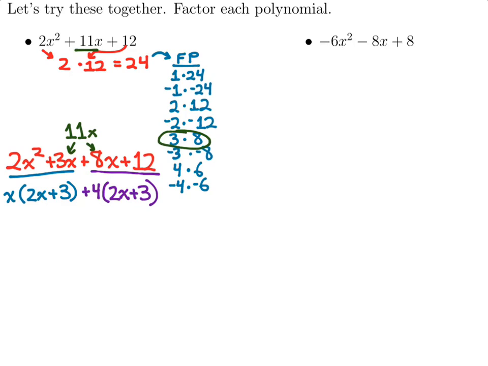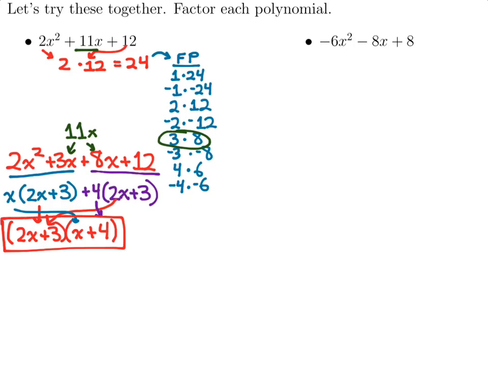And now you might notice that they both have 2x plus 3 as factors, which is true. Boom, chicka boom. So that's one of the factors for the end. And then the other factor is kind of like all the leftover stuff put together, the x and the 4, the things that were factored out. There's our answer right there: 2x plus 3 times x plus 4.